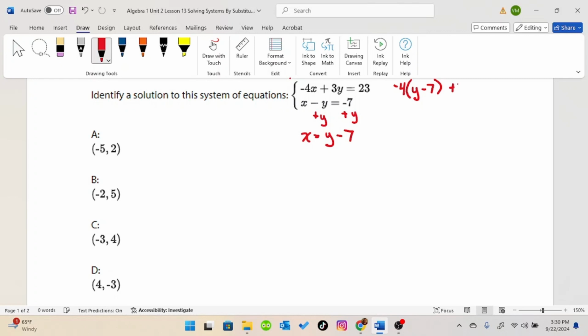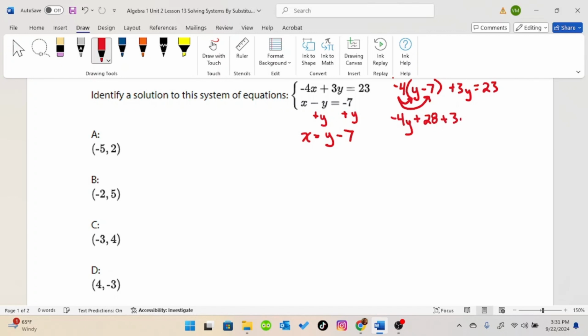Now we write the rest of the equation, plus 3y equals 23. Now I'm going to use the distributive property, -4 times y and -4 times -7. -4 times y is -4y. -4 times -7 is positive 28, because a negative times a negative becomes a positive.